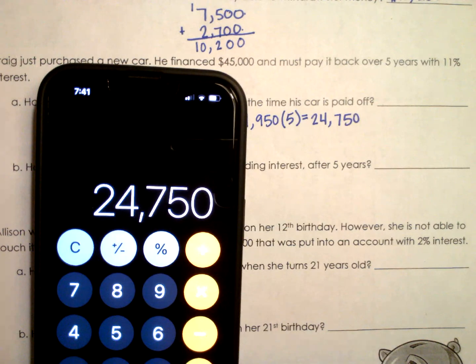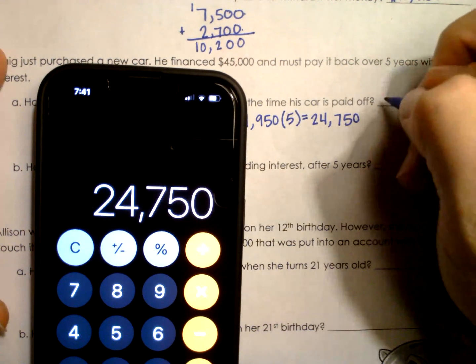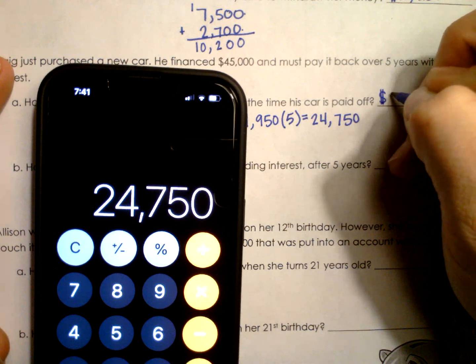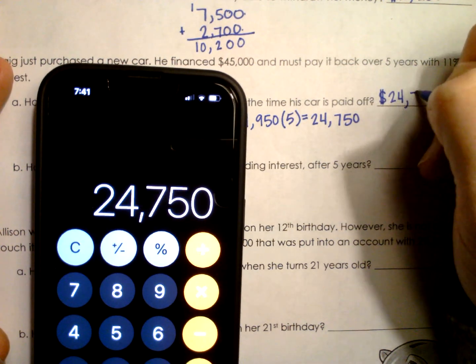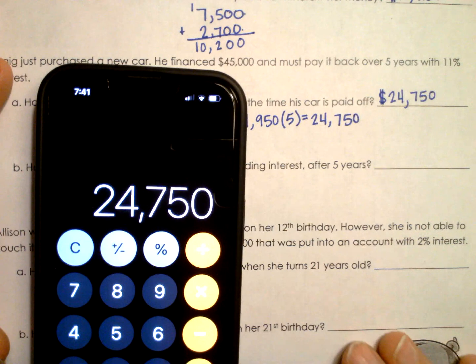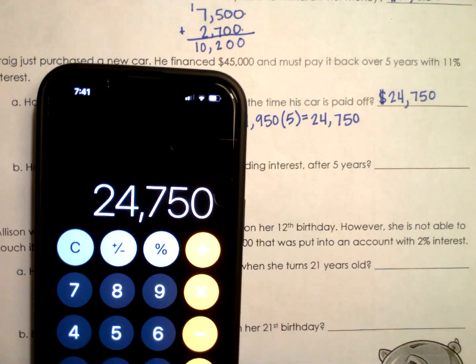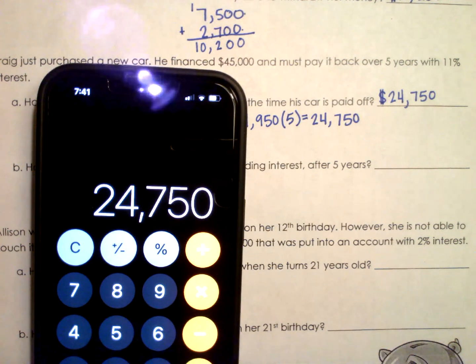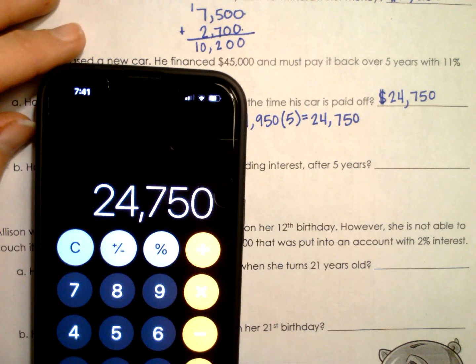So by the time he pays off his car in 5 years, he's going to have paid $24,750 that he didn't originally have to pull out of the bank, or get a loan for. Now, we don't know a whole bunch about how interest works right now, but if he made higher payments per month instead of minimum payments, he might not have to pay as much interest because he's going to pay it back quicker. But 5 years is pretty quick.